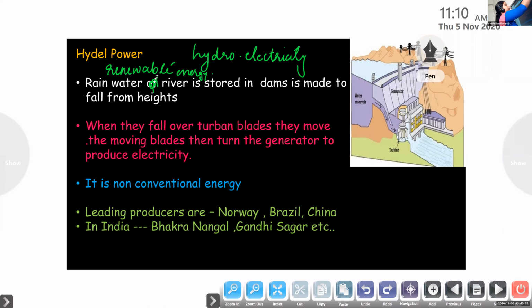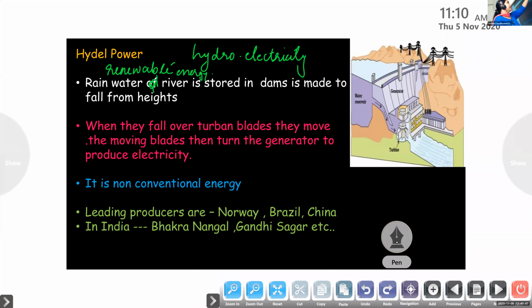This picture will tell you how electricity is produced from water. As we all know, water is stored in dams, right? Look at the picture.